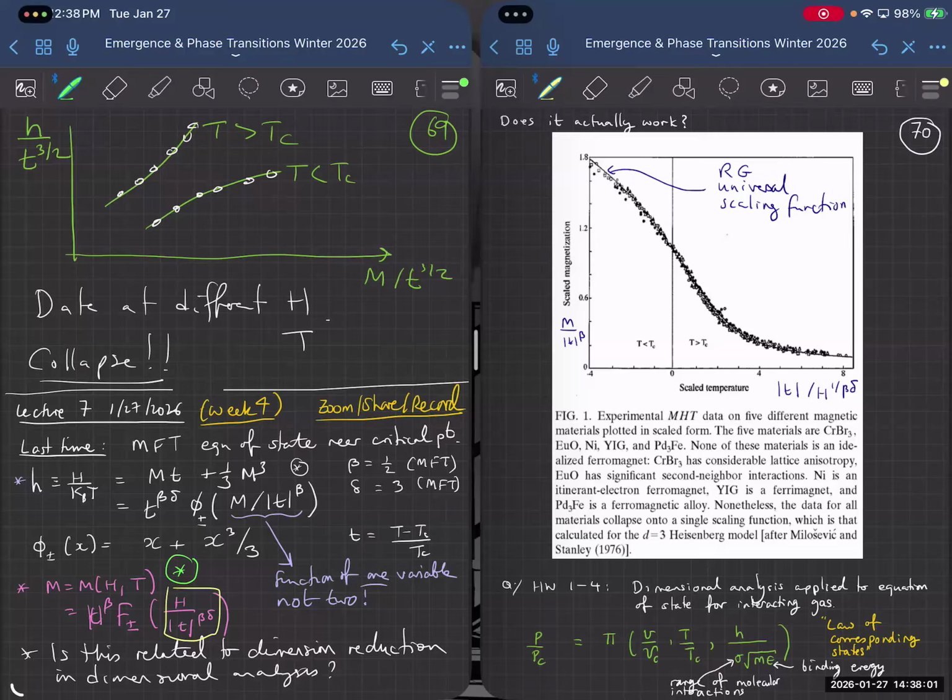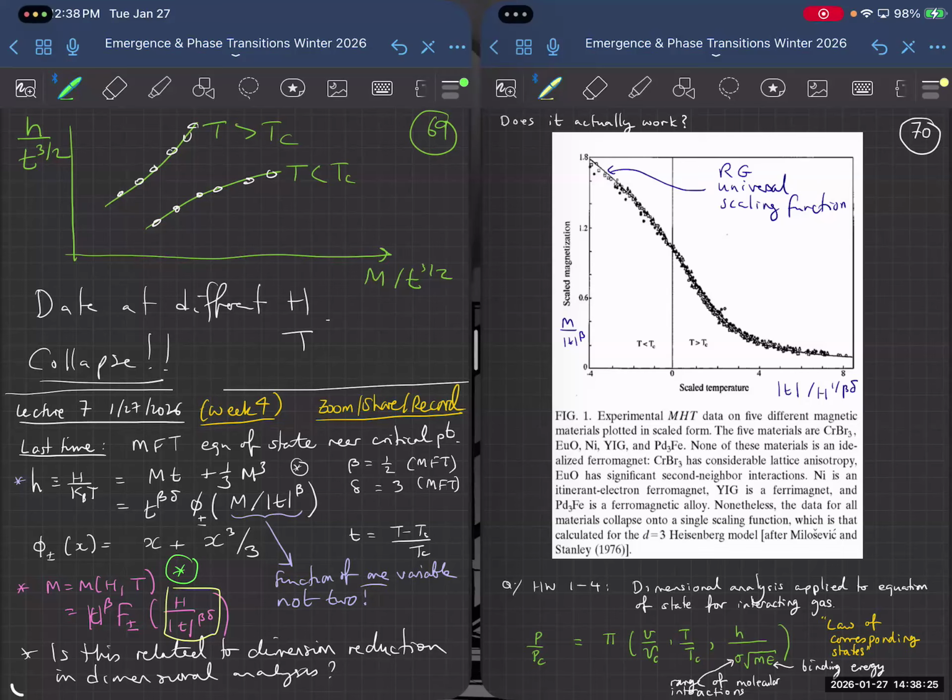Okay. So let me ask another question. Does this look anything like what happens in dimensional analysis? In the homework that you just handed in, there was an exercise that some of you may have chosen to do, and that exercise asked you to do dimensional analysis for statistical mechanics.